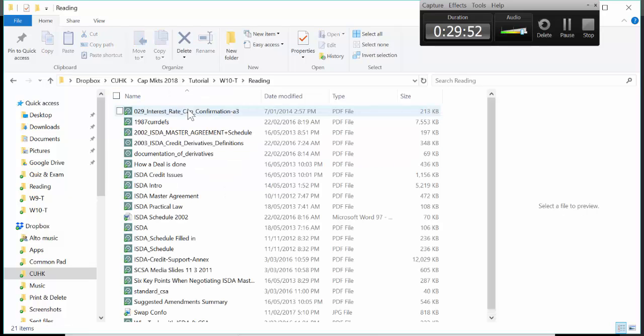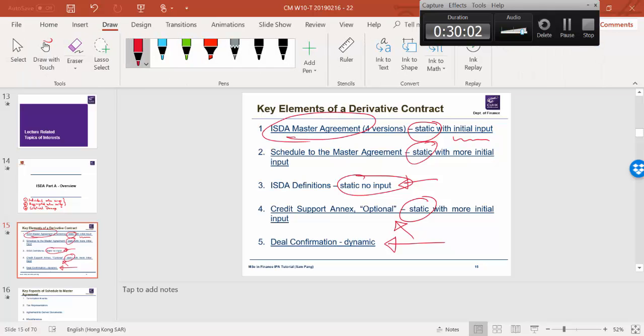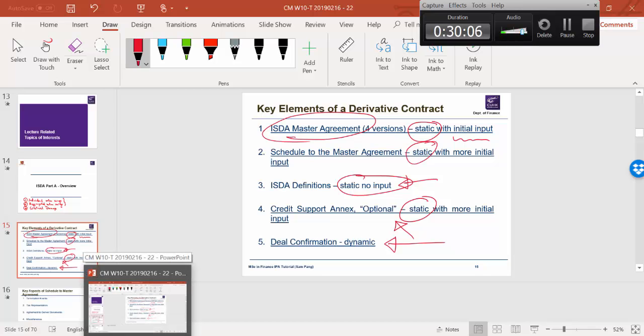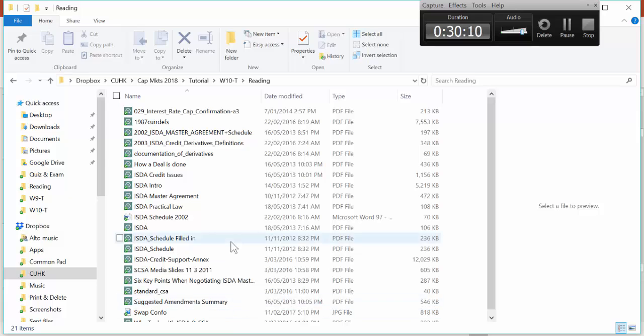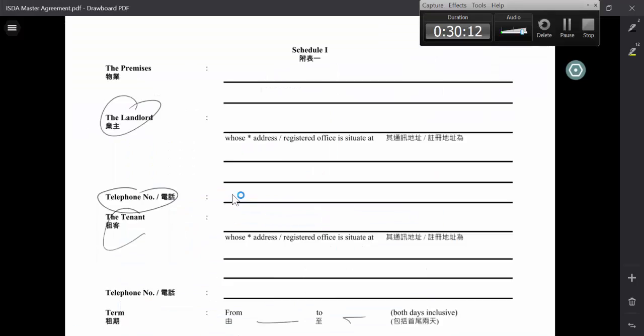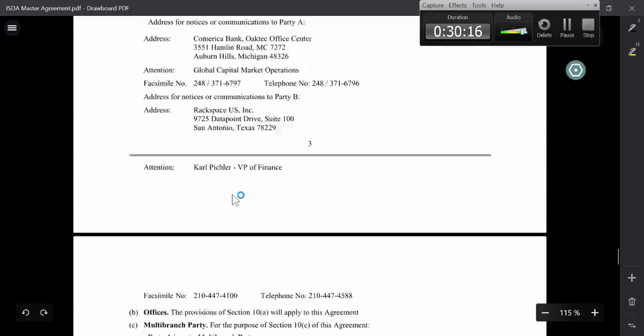So let me show you. Just now I told you there are 5 elements to it, these 5. I'm going to show you this one first. So there is the master agreement. It looks like this.